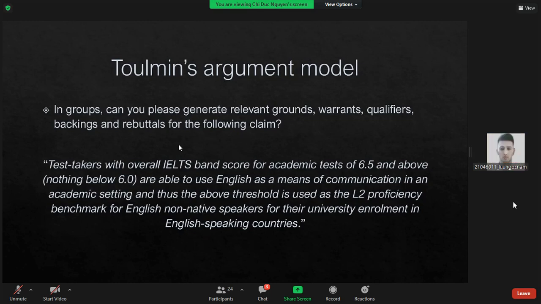Can I share my opinion? From group 3, in my group we discussed the validity and the authenticity of the test, because the test is created by a well-known university in the world, for example Cambridge.